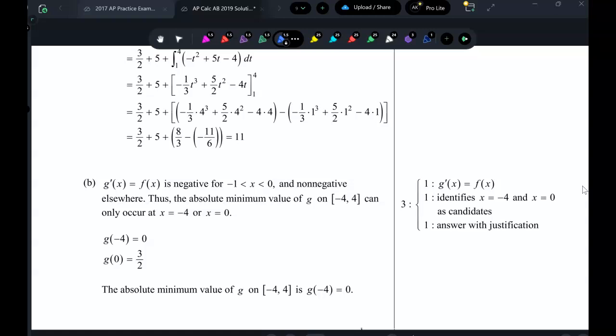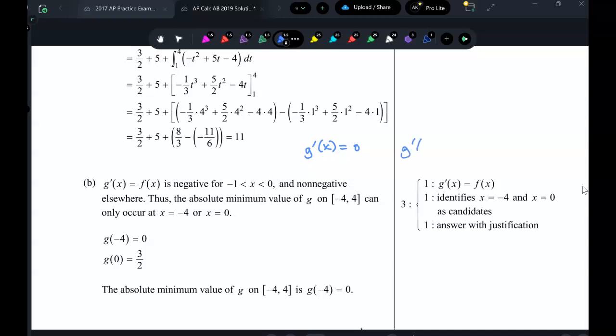Absolute minimum and maximum are the extreme value theorem. So I need to find the critical points, which means I need to figure out where G prime is equal to 0 or undefined, and I have to look at the endpoints.